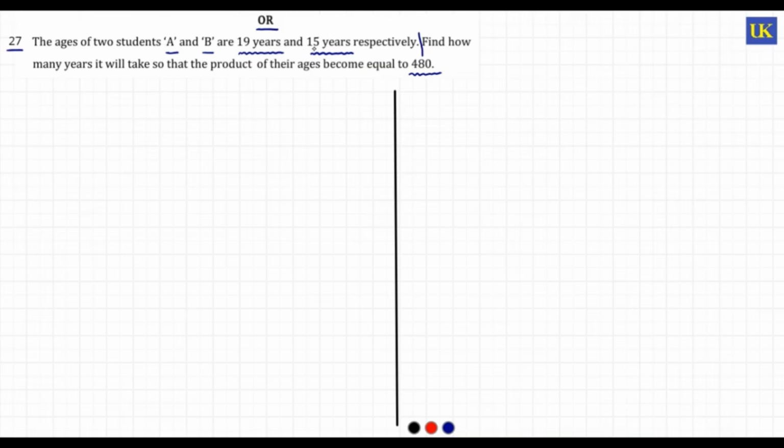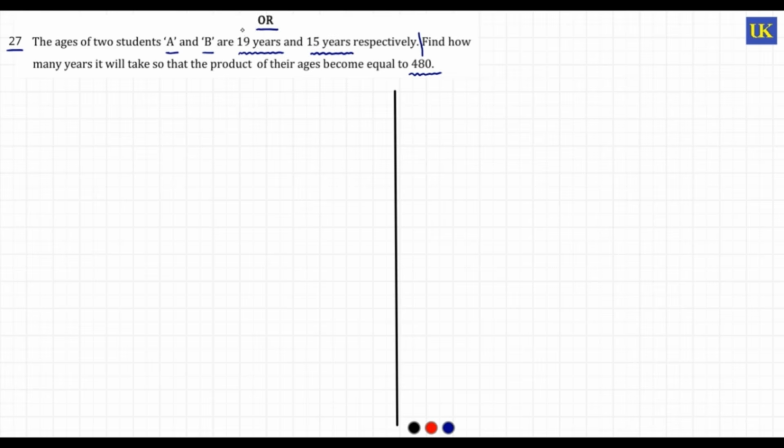But after how many years, what will be the age of A and what will be the age of B, and if those are multiplied, say for an example after 3 years, A's age will become 22 and B's age will become 18.